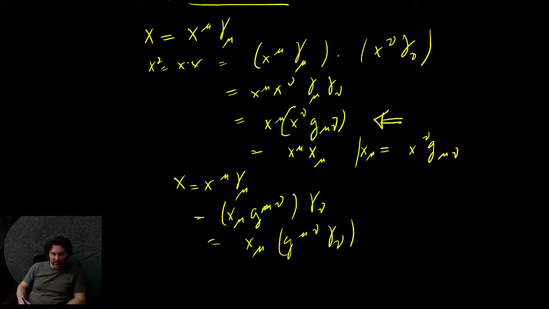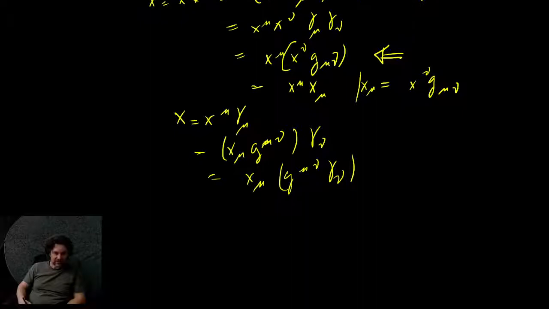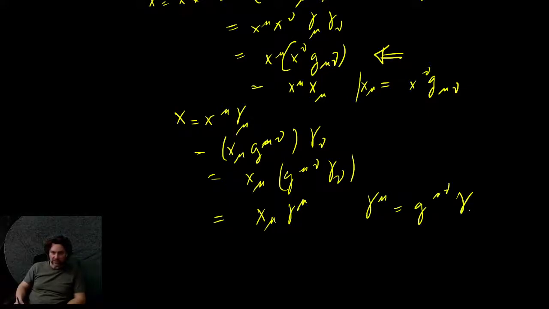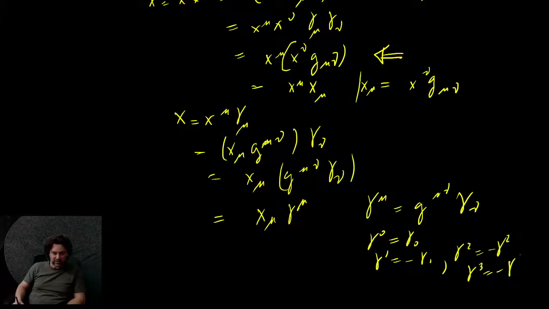We would define this quantity as our reciprocal frame vector. So that is x mu gamma upper index mu. So gamma upper index mu is g mu nu gamma nu. In this case, gamma 0 is gamma 0, gamma 1 is minus gamma 1, gamma 2 is minus gamma 2, and gamma 3 is minus gamma 3.